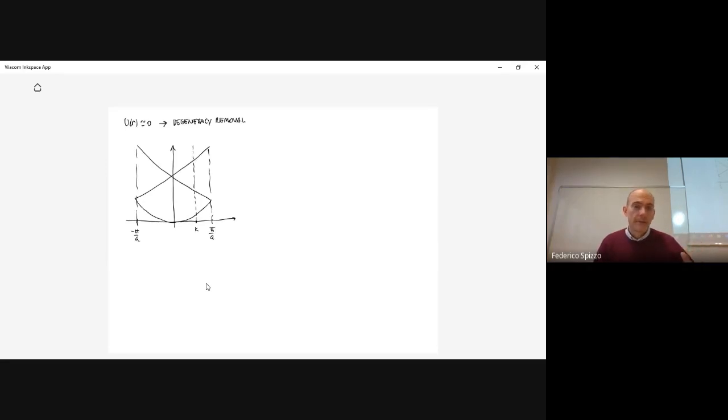So at the intersection, you have just one branch, so you have just one value of the energy corresponding to that K parameter.